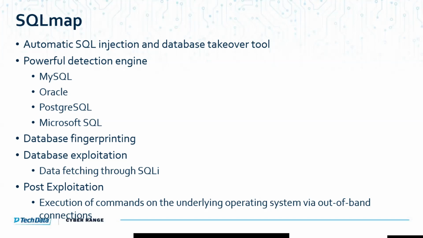So when you have identified a particular type of SQL injection vulnerability, you can leverage SQLMap to automate some of the different types of tasks you might do instead of having to go through SQL injection manually. And what's really great about it is not only can it do database exploitation and data fetching through SQL injection, but it can also execute commands on the underlying system for post-exploitation measures. So SQLMap can become very useful as you're targeting different types of databases.